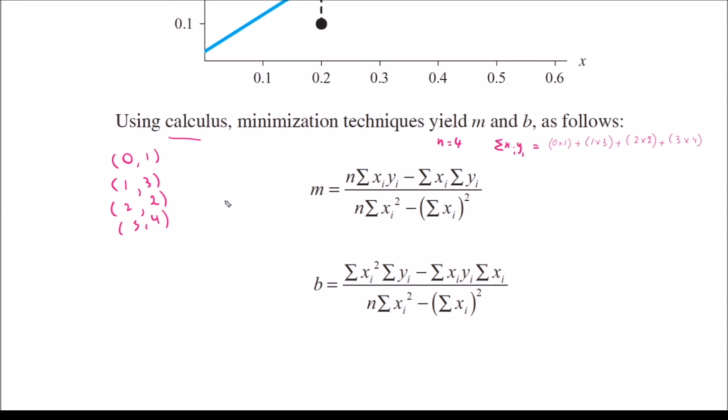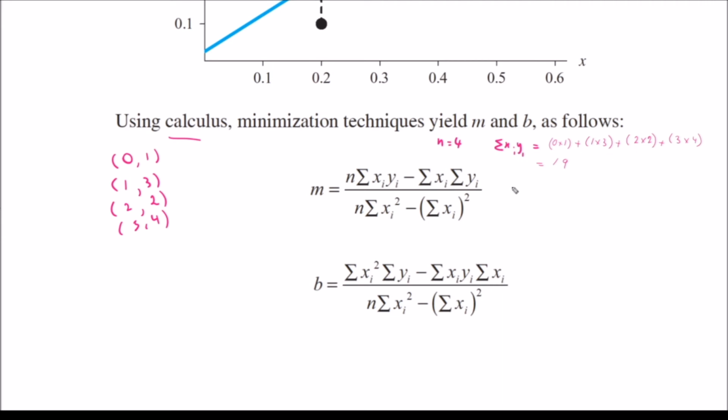So what you get here is 0, and 3 plus 4 is 7, 7 plus 12 is 19, right? Yeah, that's right.